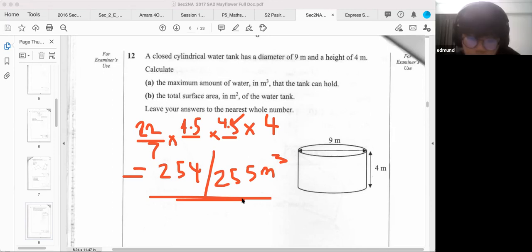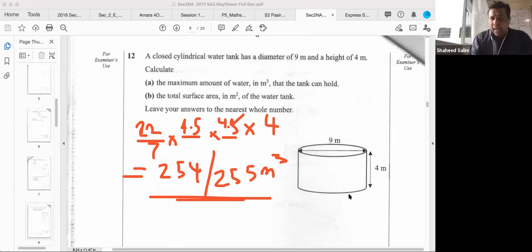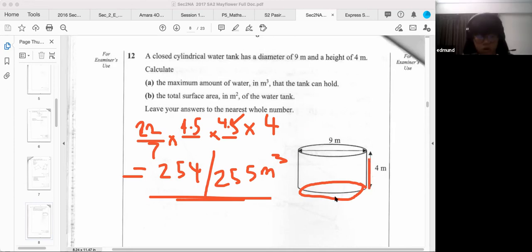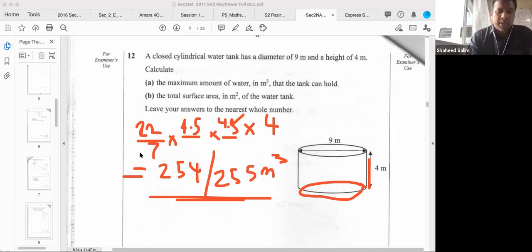Yeah, the formula: pi r squared times the height. Base area is a circle, right? Base area, pi r squared times height. So every time you have something like this, base area is 22 divided by 7 times 4.5 times 4.5.